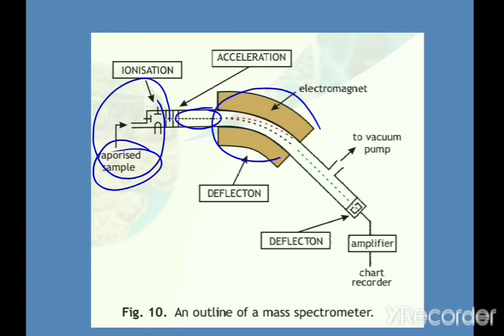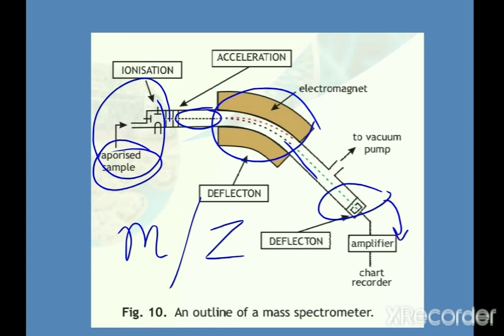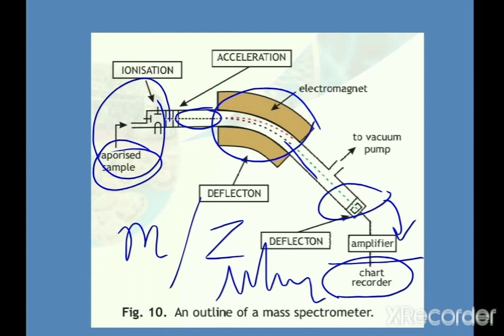Then in the analyzer, these molecular ions separate on the basis of mass by charge ratio, m/z ratio. And finally, these molecular ions are detected by the detector, and the impulse, being very weak, is amplified by the amplifier, and these impulses are recorded on the chart in the form of spectra. So this is how the mass spectrometry works.